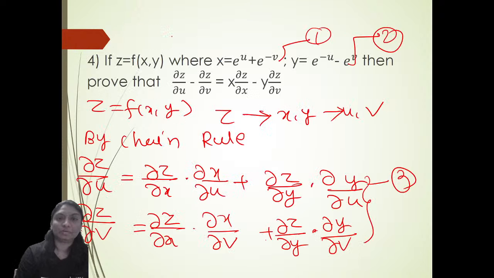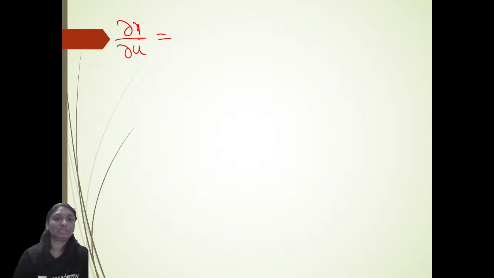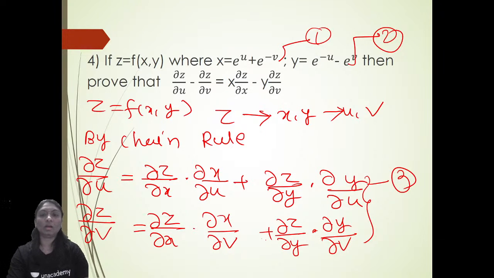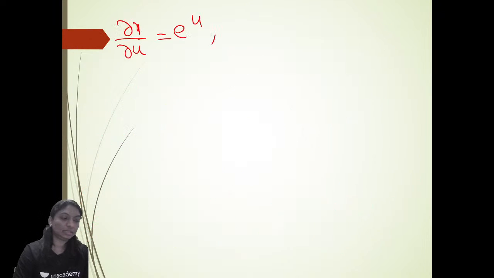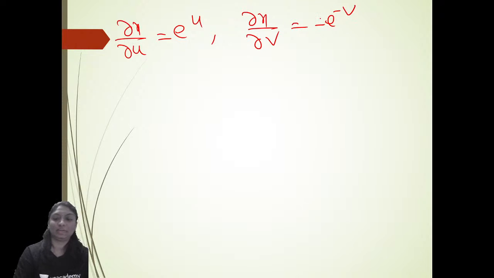is equal to, now differentiating x partially with respect to u, you will get here ∂x/∂u is equal to e raised to u, right? And ∂x/∂v is equal to minus e raised to minus v.